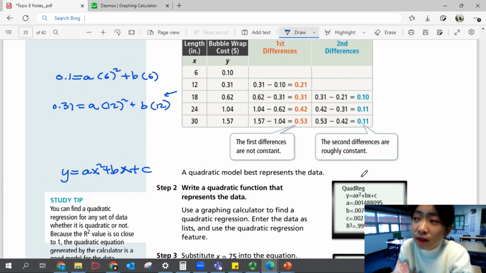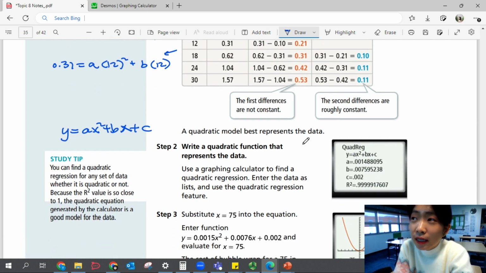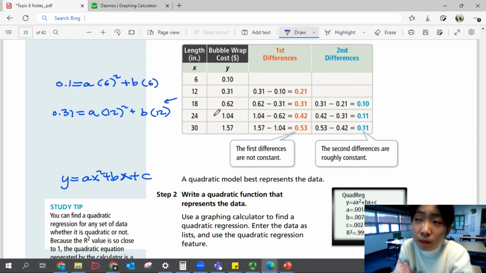Or you can use the graphing calculator to plug in all these points and figure out the quadratic regression line using those points, which would be a lot quicker. You enter the data sets, just enter all the points, and then use the quadratic regression feature.